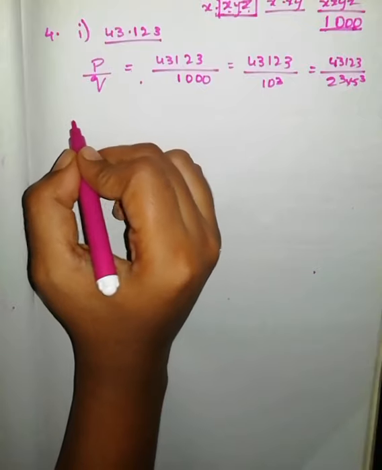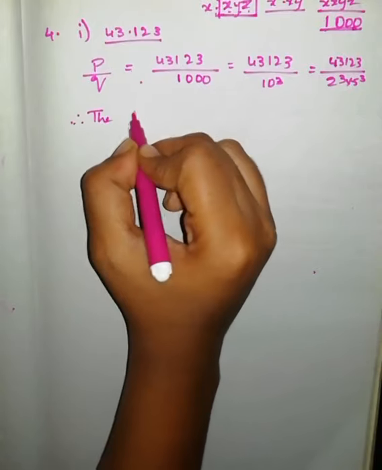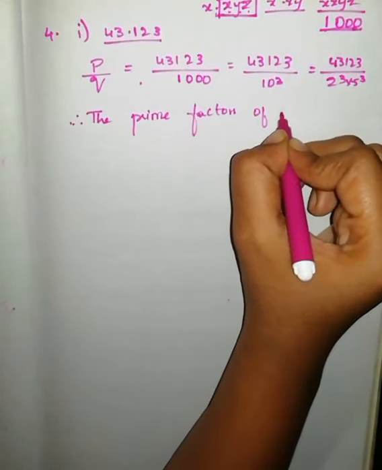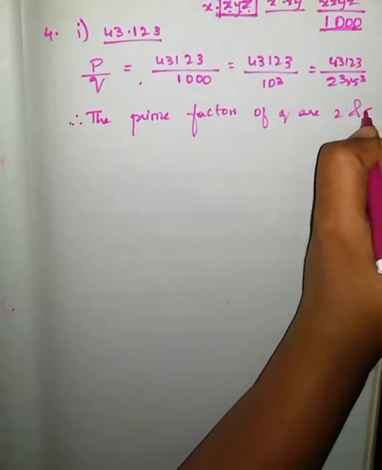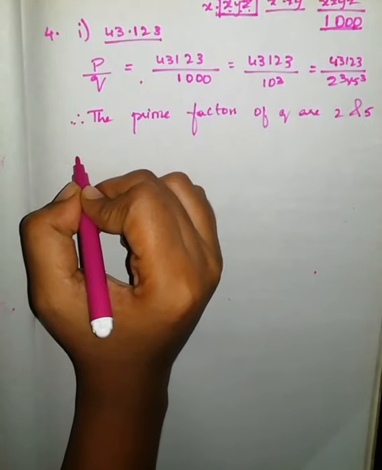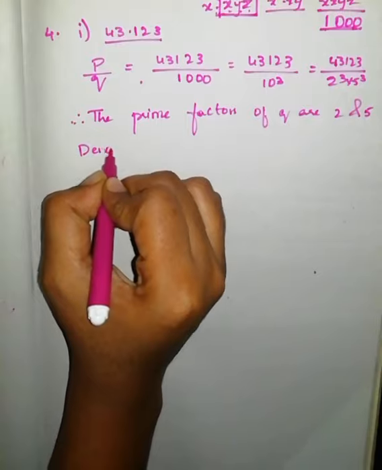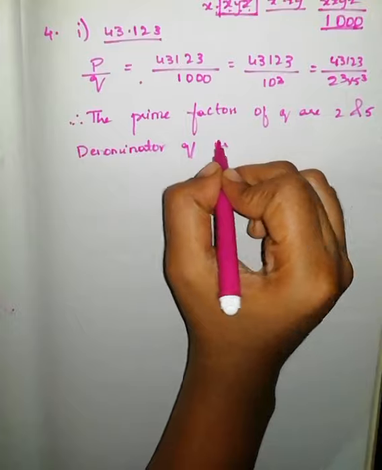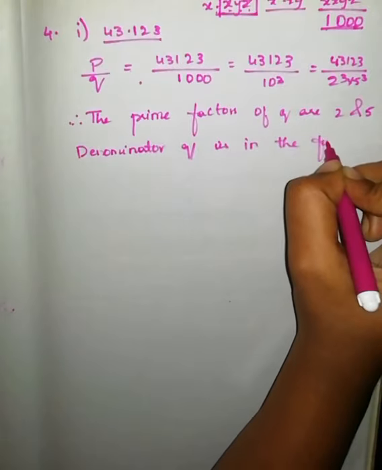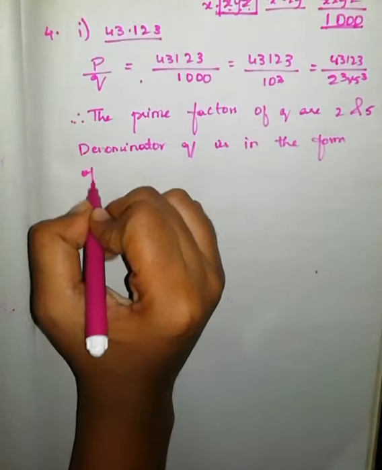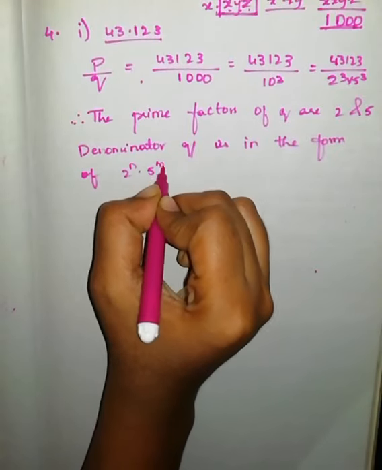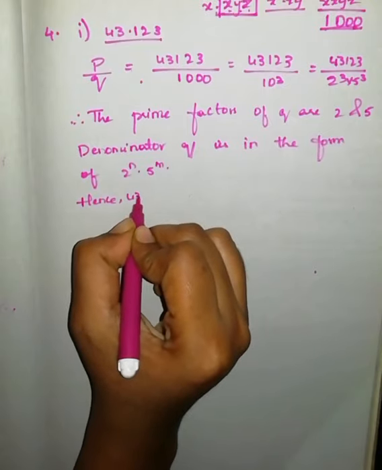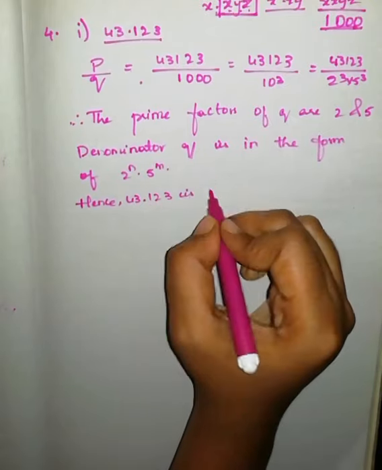So here the prime factors of q are 2 and 5, and the denominator q is in the form of 2 power n into 5 power m. Hence 43.123 is a terminating decimal.